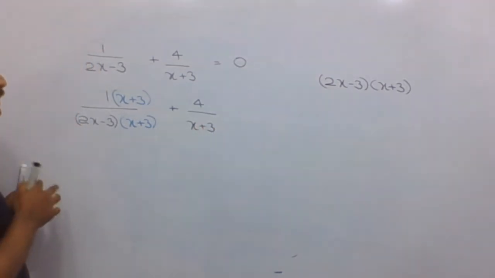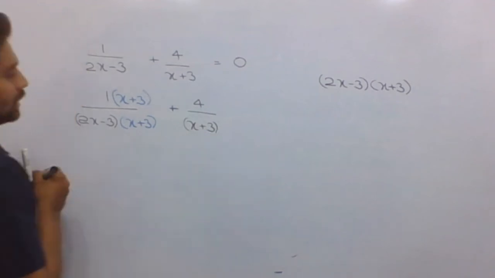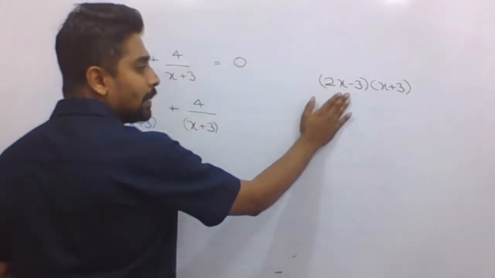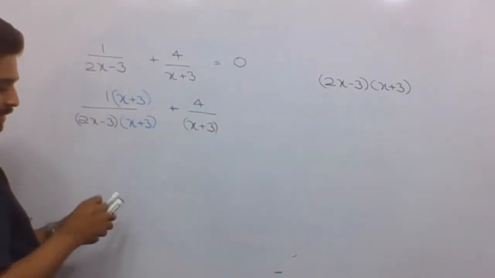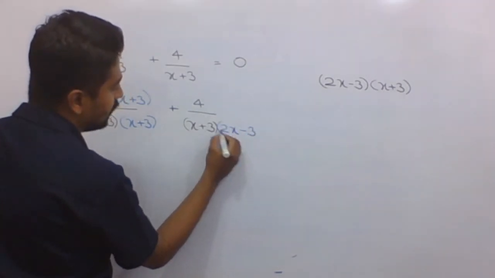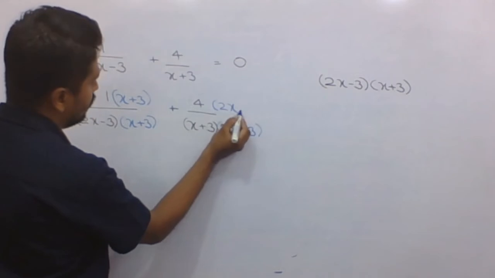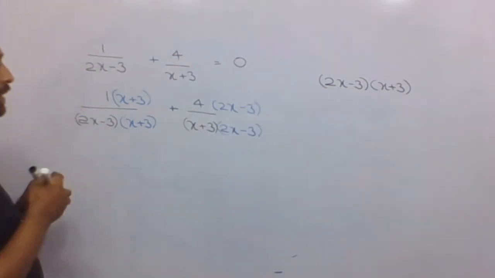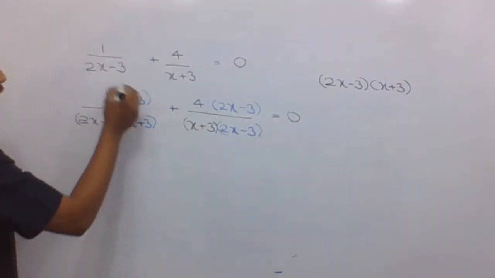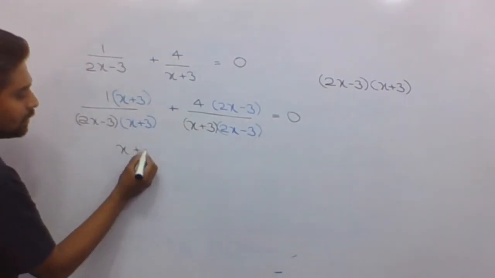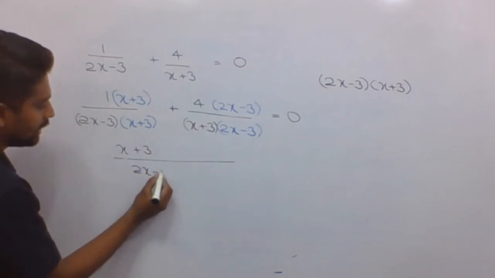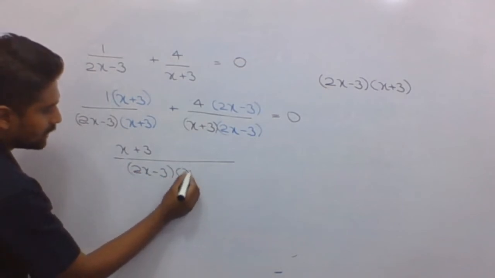So now tell me, to obtain this common denominator, you multiply x plus 3 by what? By 2x minus 3. Then here also by 2x minus 3. Right? Now equal 0. Now what happened? 1 times x, x. 1 times 3, plus 3. Now we can write the common denominator: 2x minus 3 times x plus 3.